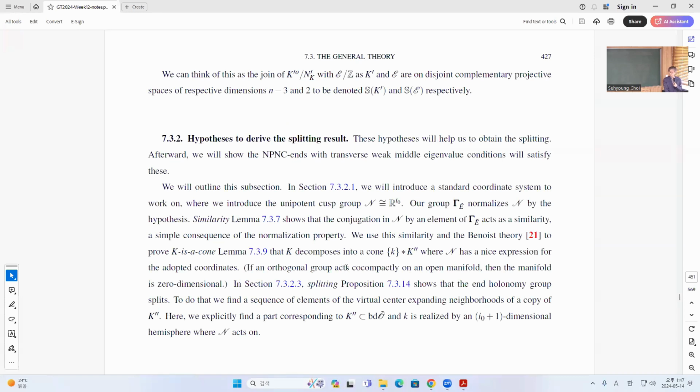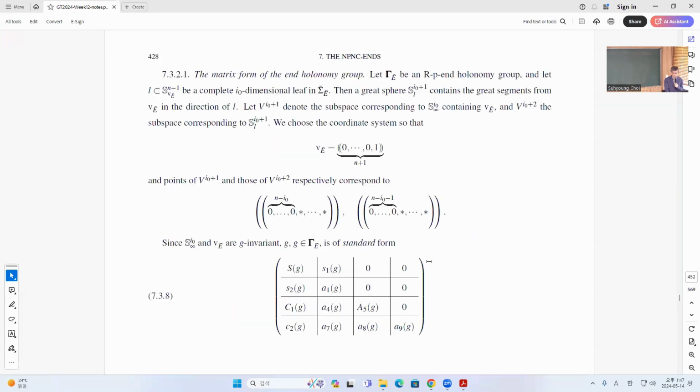So now we want to discuss something about the hypothesis to get our main results. And so first of all, look at the matrix form of the fundamental group. So I mean the holonomy group.